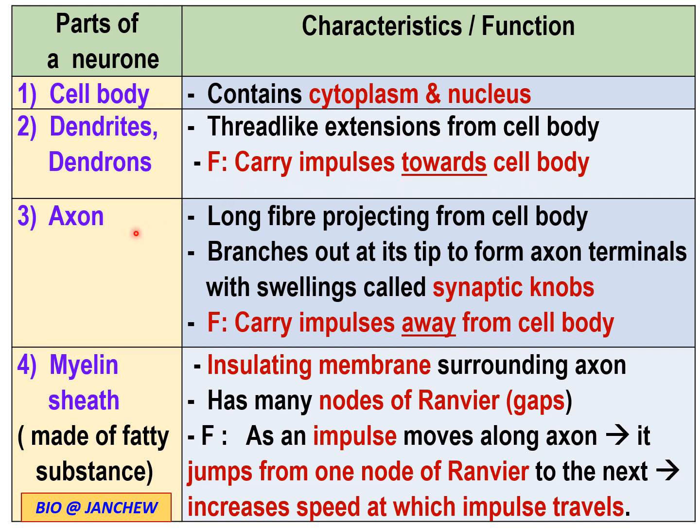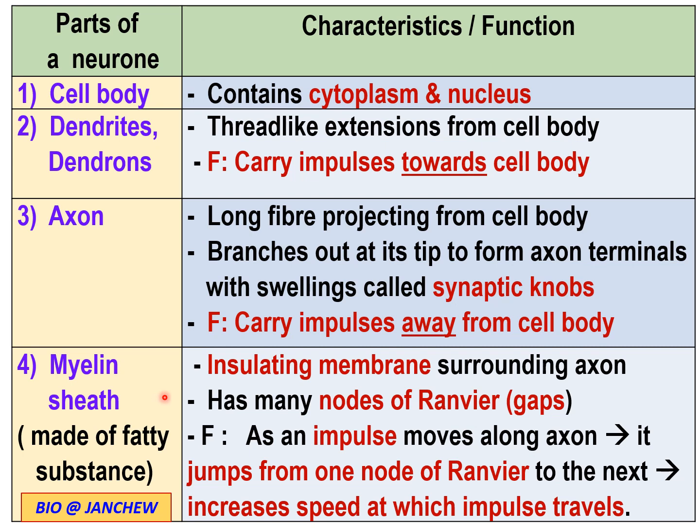Whereas axon is a long fiber projecting from the cell body, branches out at its tip to form the axon terminals or the ends of the axon. The swellings are called synaptic knobs, and the function is to carry impulses away from the cell body as compared to the dendrons that carry impulses towards the cell body.